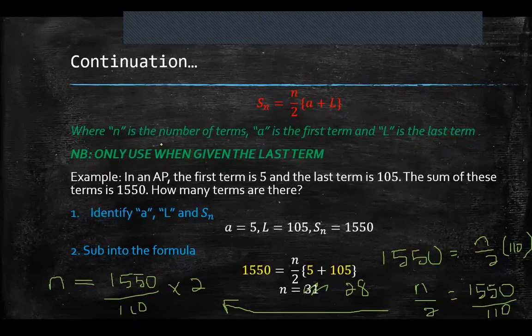Because n represents the number of terms. I can't have a fraction of a term. That doesn't make sense. N is the number of terms in my sequence or series. I can't have a fraction of a term there. Do you understand that?